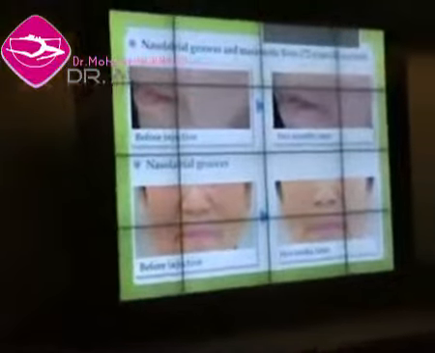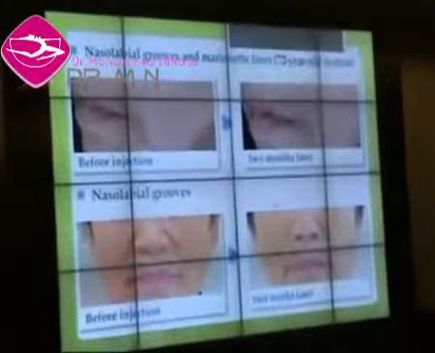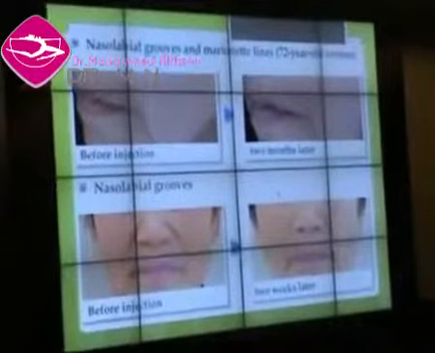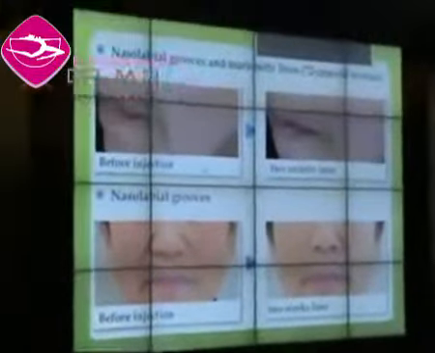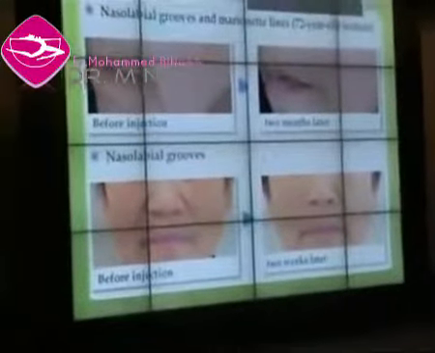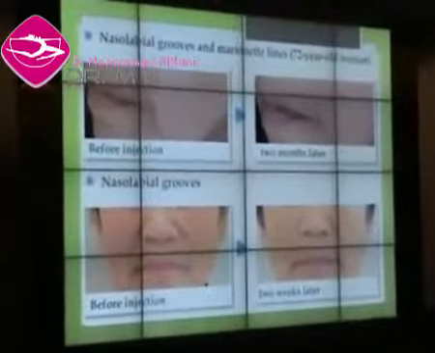You can take a look here at the nasolabial grooves and the marionette lines in a 72-year-old lady. The picture on your left shows just before the injection, and the one on the right just 2 months later, with marked improvement.